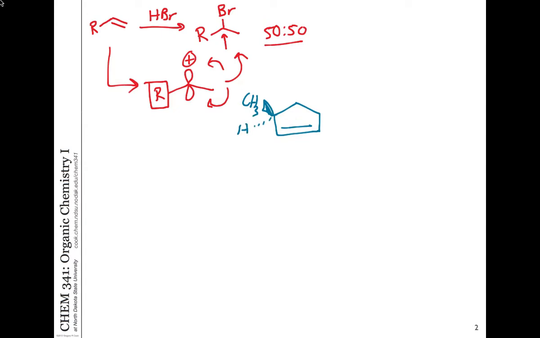Now this molecule, if you add, let me make it a little easier. So we have regioselectivity in the addition of HBr. In this case, if we add HBr, there are two possible products, right? In terms of the Br being on the same side as the CH3 or opposite sides.